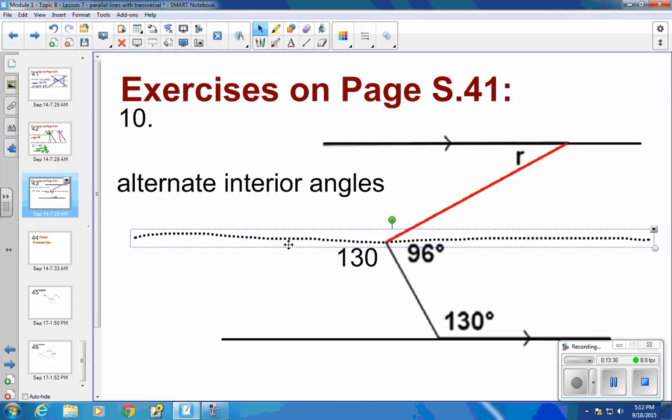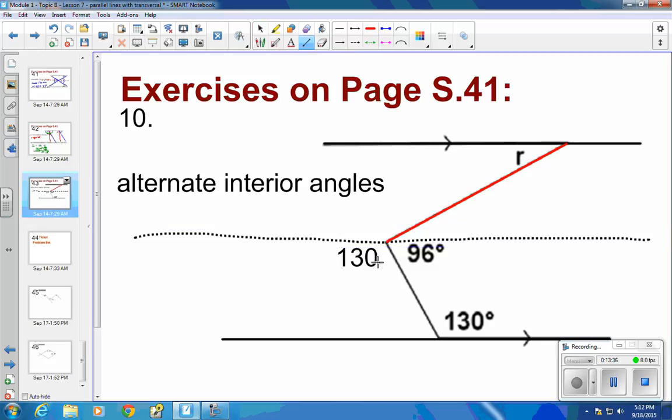So straight lines are 180, and we have this 130 here. So we could get to this piece right here. Right? So let me just key you in on where I'm looking here. If we've got this straight line here and this is 130, we can find this piece over here. Remember, this whole angle, this whole piece is 96 degrees, not this little piece.